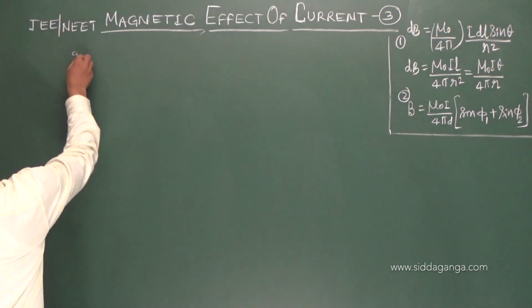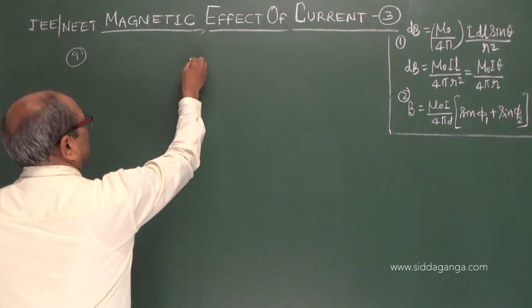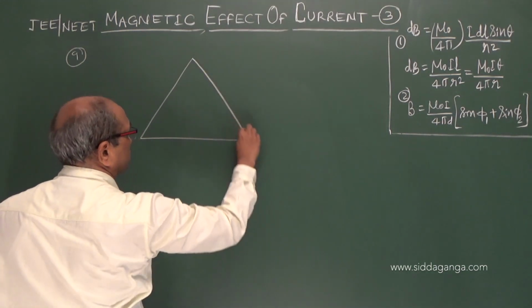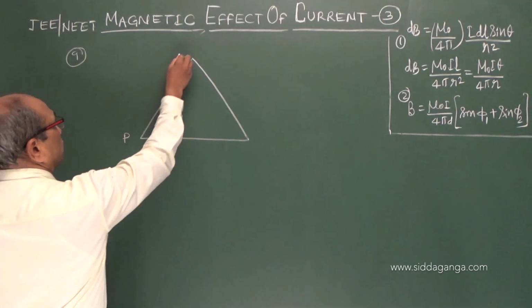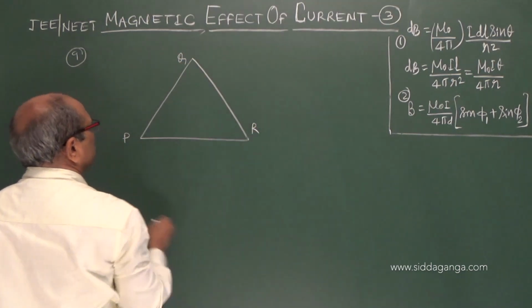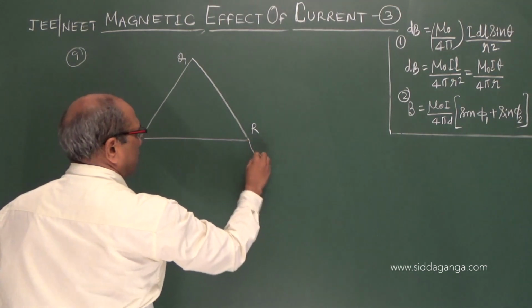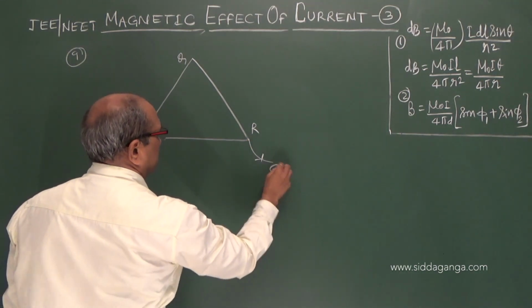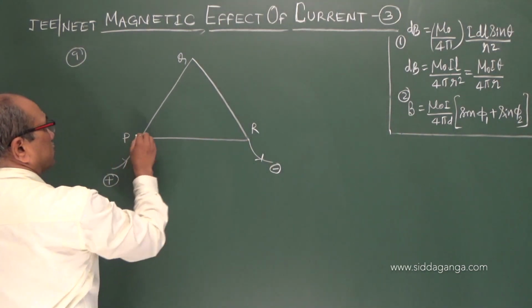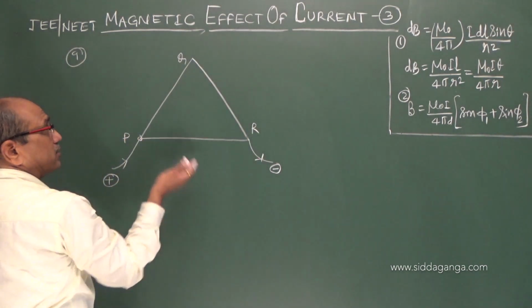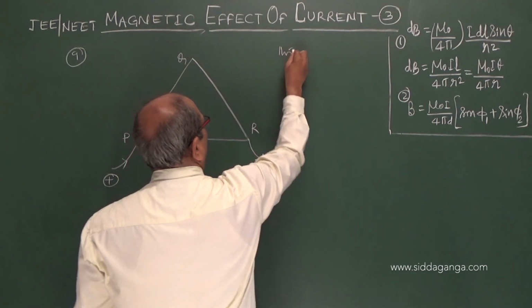So let us take an important relation in case of a triangle PQR. Current is entering from this end and leaves from this end. Uniform wire, material same, thickness same.